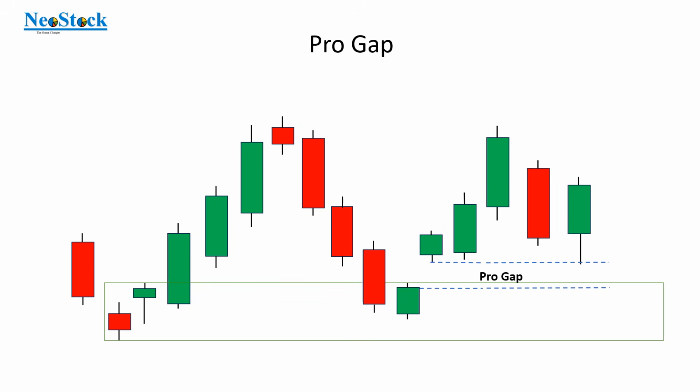So how to trade with the professional gap? One option is, if your risk management permits, you can place buy orders next time when prices are entering into this professional gap. But remember, your risk management should permit. Otherwise, you cannot take the trade.